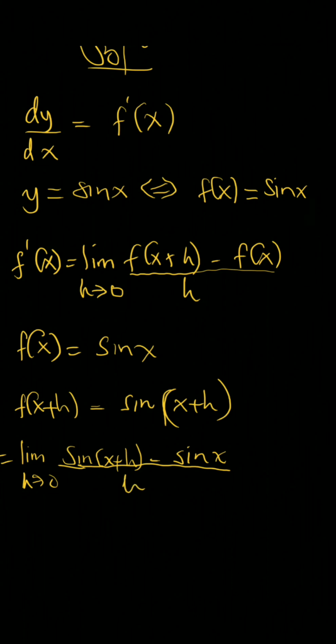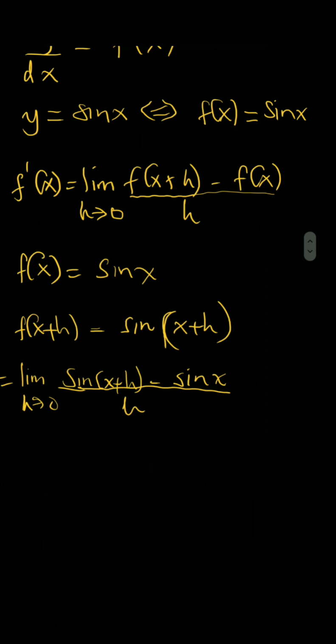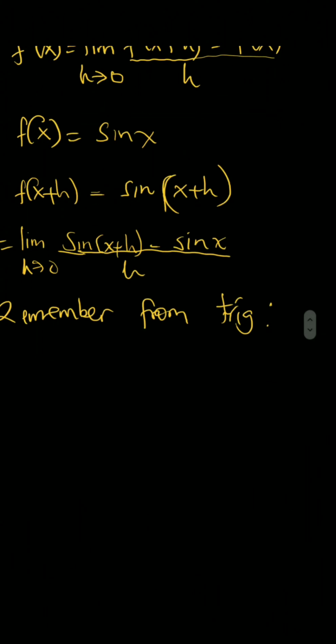Now the next step is let's recall from trigonometric identities that given sine, then open brackets, you have two angles that are adding, a plus b.